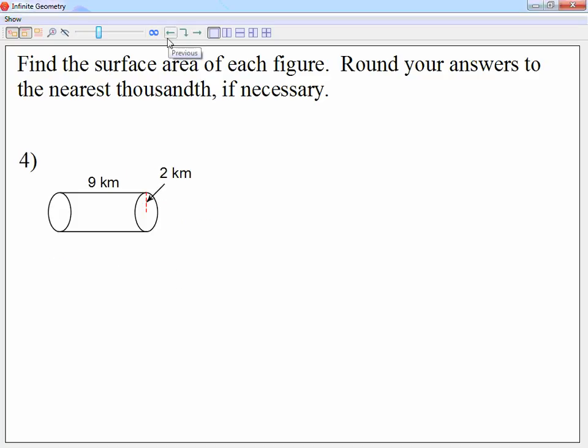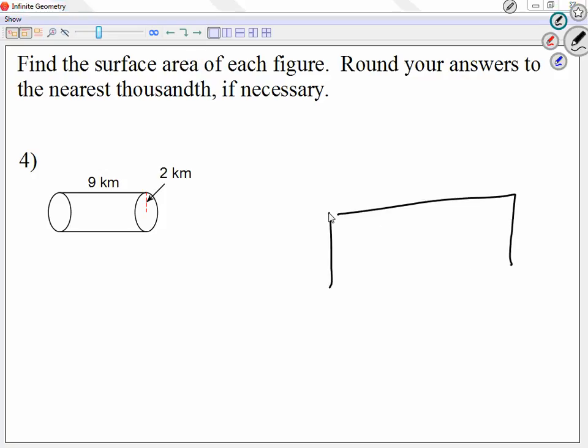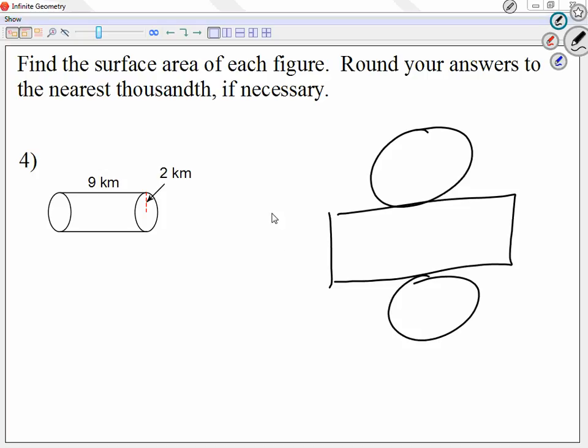All right, so looking at number 4, it's a big rectangle and 2 bases. My bases are circles. I do need the radius and I do need the diameter. I'm given the radius, right? It's only halfway, so I'm given the radius. So the diameter must be 4, because it's twice the radius. So for the big rectangle, I'm going to go 4 pi.